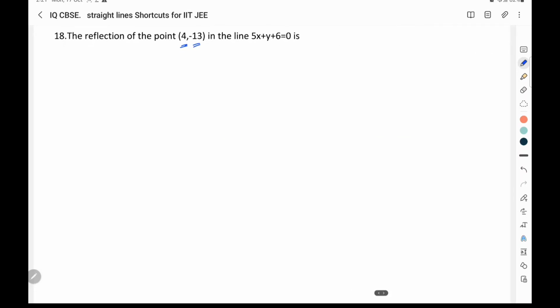Now, one positive, one negative. The line equation is given, so the same second formula: h dash minus x1 by a, k dash minus y1 by b is equal to minus 2 into ax1 plus by1 plus c by a square plus b square. Now let's substitute this.